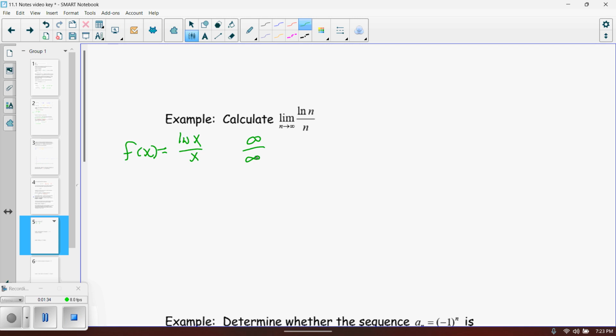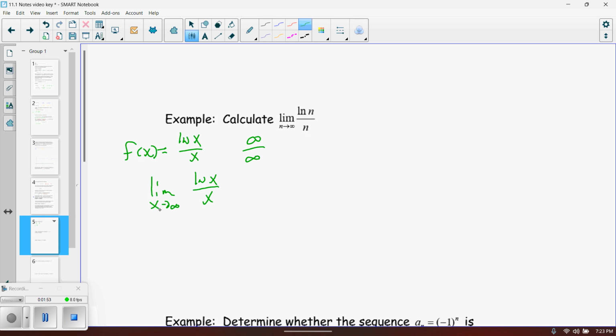So if we're going to use L'Hopital's rule here, which we can now apply, we're going to take the limit as n goes to infinity of the natural log of x over x. That should not be n, that should be x goes to infinity. And you would get infinity over infinity.